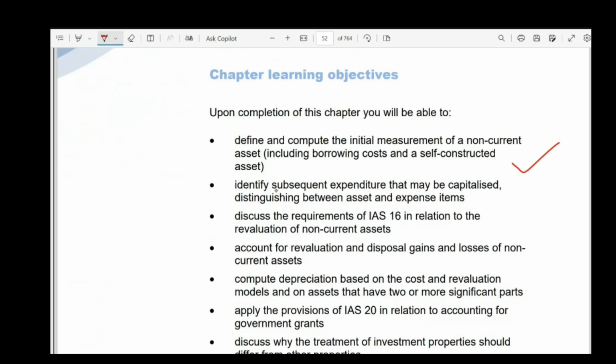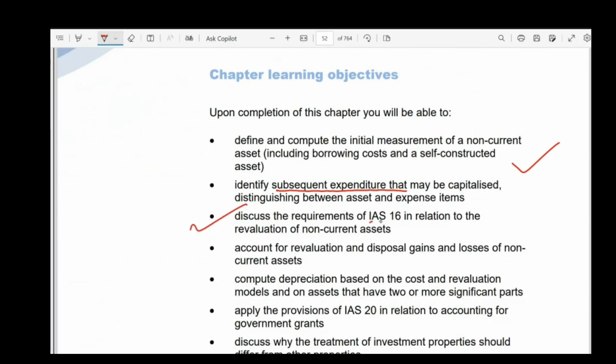Subsequent expenditure means expenses we incurred on the asset. Expenses that are a part of the asset increase its value. But if you are making just repair or maintenance, that will be expensed out and cannot come under the capitalization of the asset. So that we will discuss.